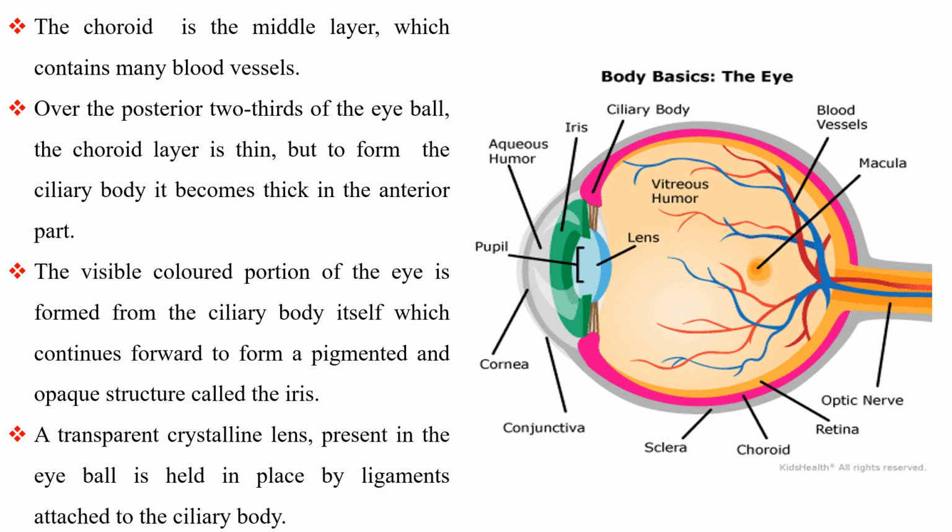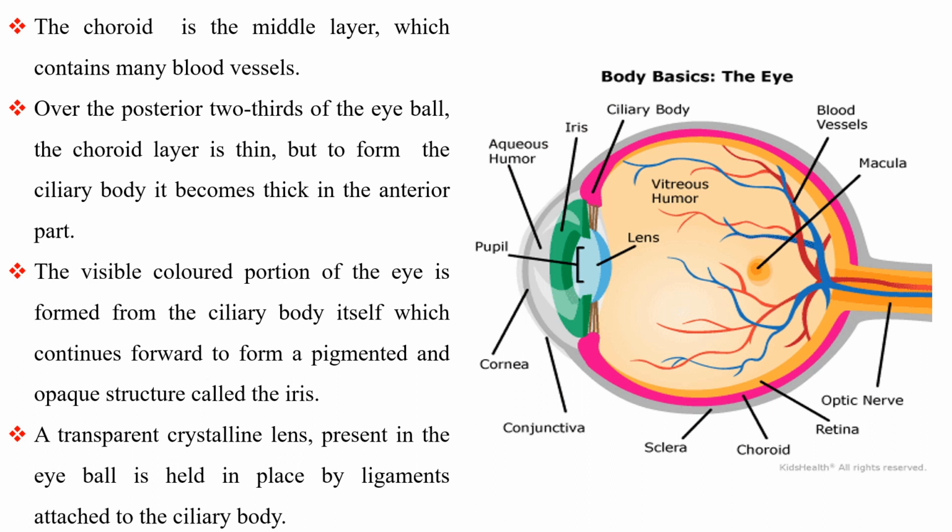The choroid is a middle layer which contains many blood vessels. Over the posterior two-thirds of the eyeball, the choroid layer is thin, but it becomes thick in the anterior part to form the ciliary body. The visible colored portion of the eye is formed from the ciliary body itself, which continues forward to form a pigmented and opaque structure called the iris.